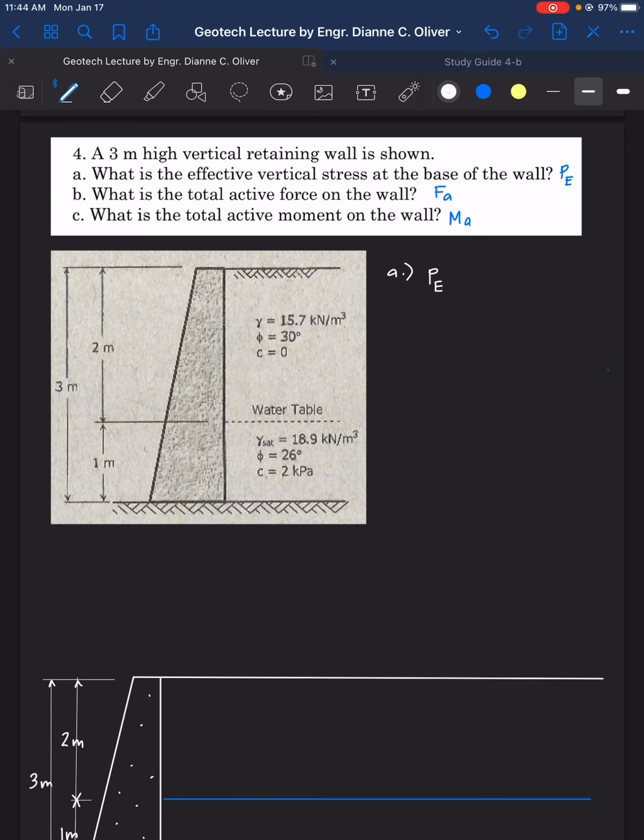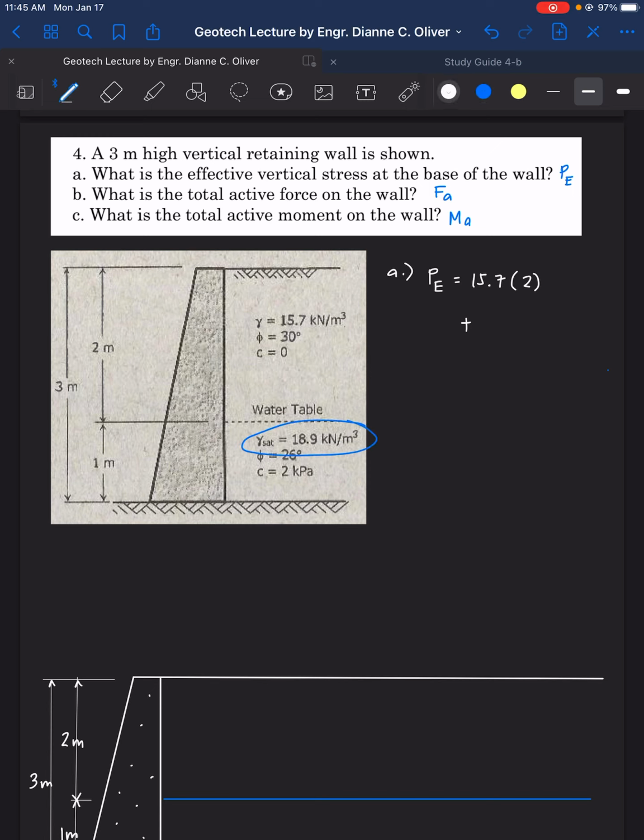So let's start from the top. We have gamma of 15.7, so that is equal to 15.7 times the height of that particular section, that is 2, plus we have the gamma sat. We have here a water table, and then we have gamma sat.